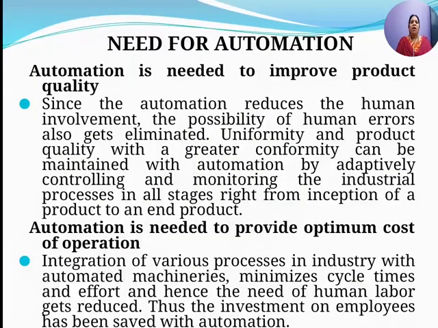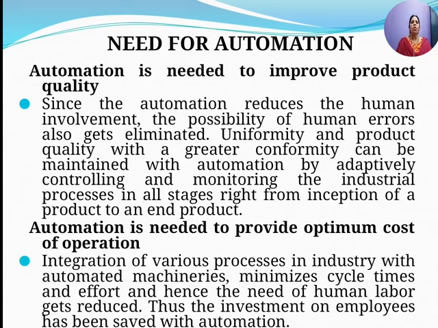Then, automation is needed to improve the product quality. First is to increase the productivity. The second reason why we need automation is to improve the product quality. Since automation reduces the human involvement, the possibility of human errors also gets eliminated.